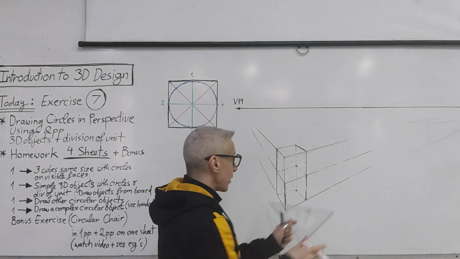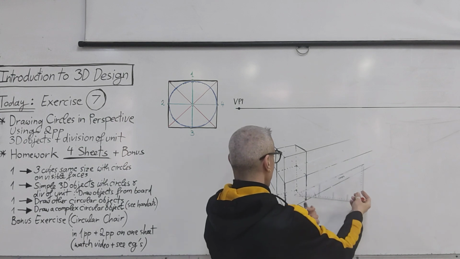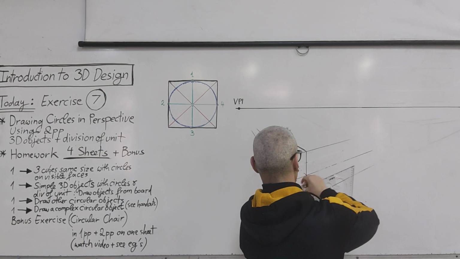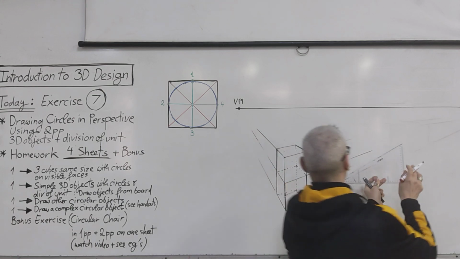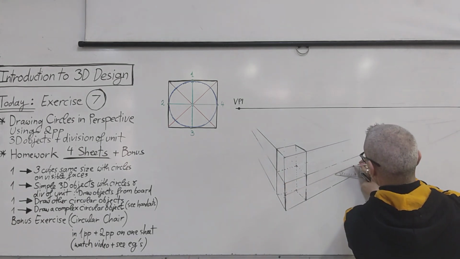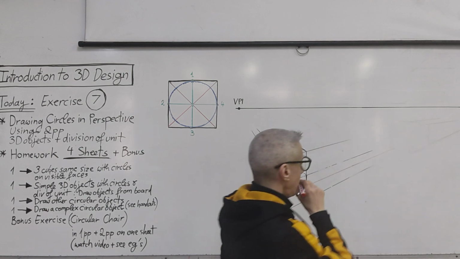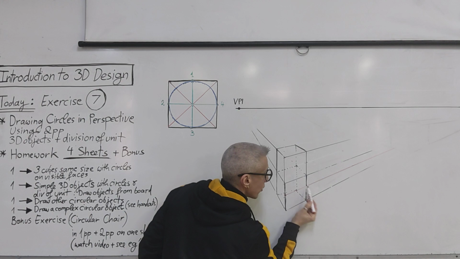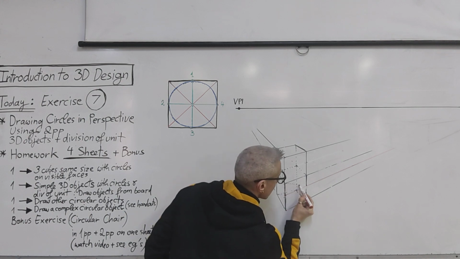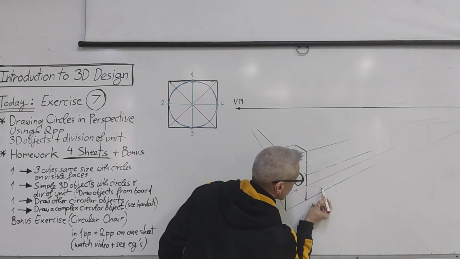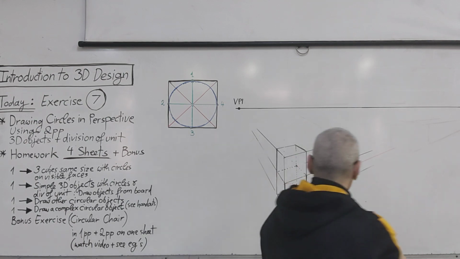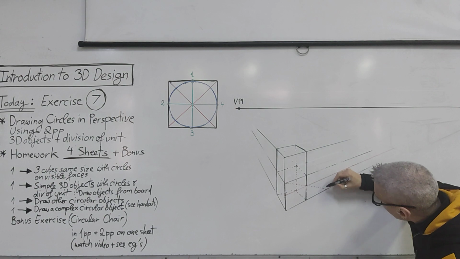From this, we will take a line to the vanishing point. Now, from this corner through this point, a straight line. Where it will touch this line, here is the location of the second cube of this size.